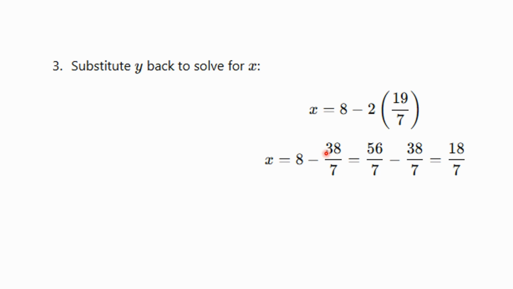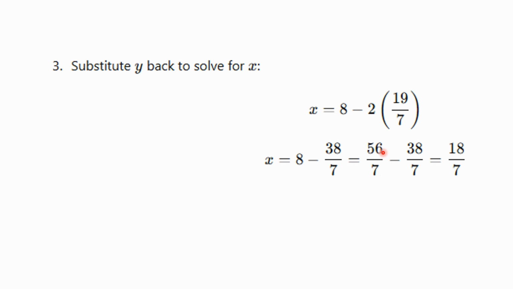Now we have 8 minus 38 sevenths. In order to combine these two terms, we need to represent 8 as a fraction that has 7 in the denominator. How do we do that? 8 is the same thing as 56 sevenths, because 56 divided by 7 is 8. That gives us a common denominator, which you have to have in order to subtract fractions.